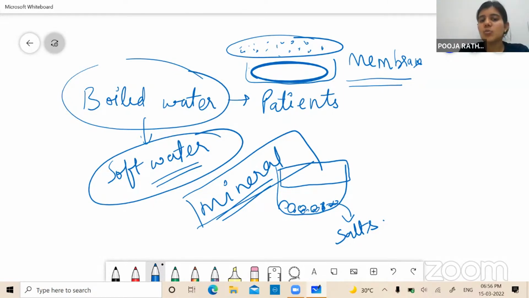But sometimes boiled water is still given to patients so that if any impurity or any microbes or organisms are there in soft water, they can be eliminated easily by increasing the temperature. Microbes that live in normal temperature can't adapt to high temperatures, so they die due to boiling. That's why we give patients boiled water.